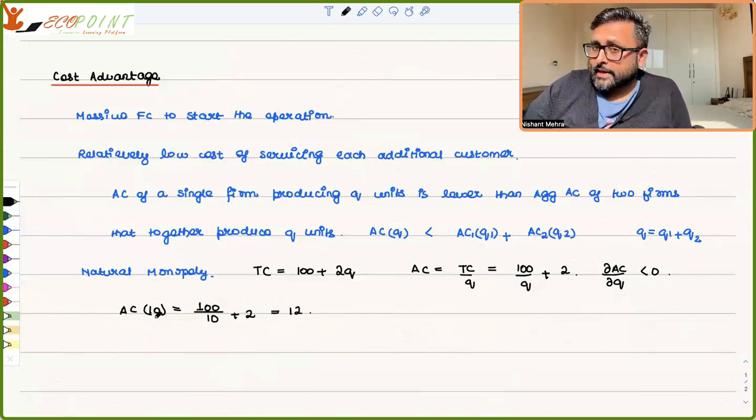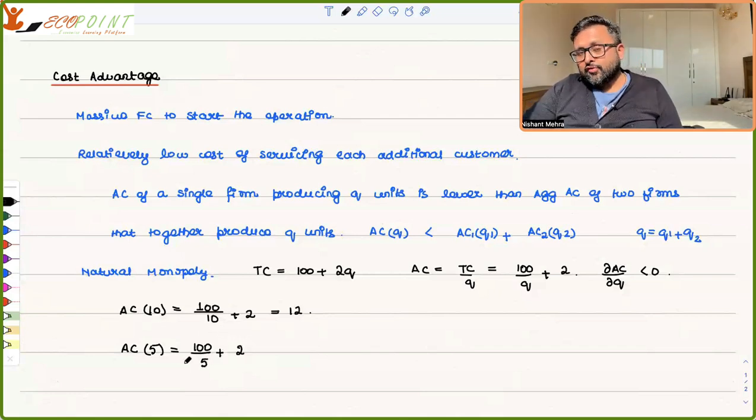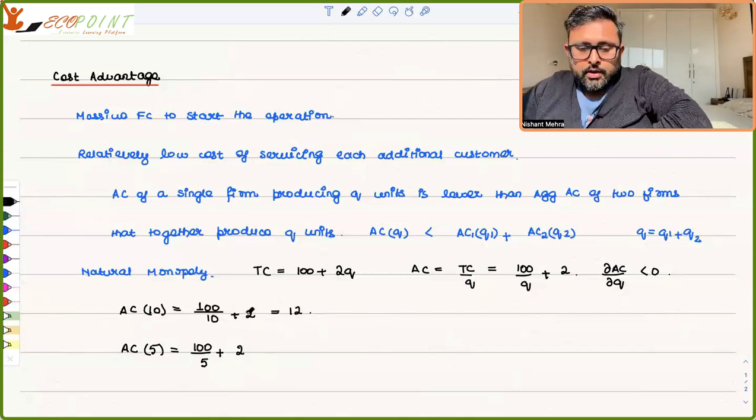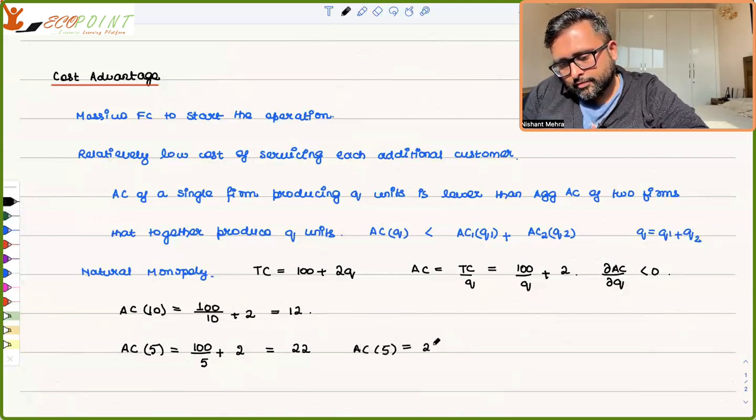But this 10, if I'm going to divide this in two firms, so one firm is producing 5, the other firm is producing 5, then what is the AC? 100 upon 5 plus 2. So in order to produce 5 units of output, the first firm has to incur the cost of 22. And similarly, the second firm also has to incur the cost of 22. Right?